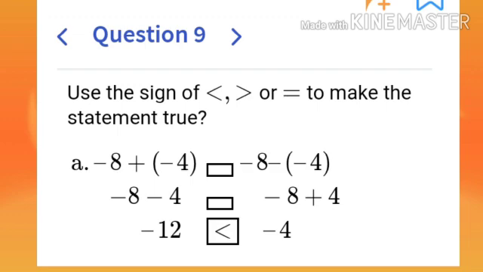When we move towards the left, the numbers decrease. So minus 4 and minus 12 are on the left side of the number line. From the origin 0, we will move towards minus 4, then we will move towards minus 12. Therefore, minus 4 is greater than minus 12.